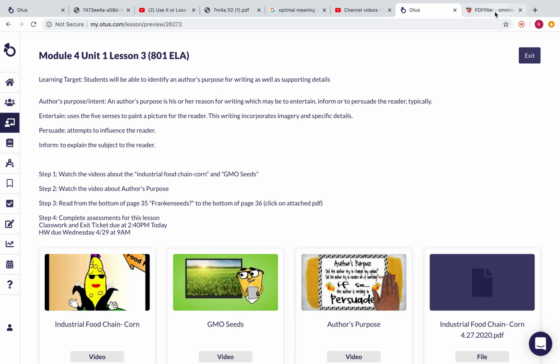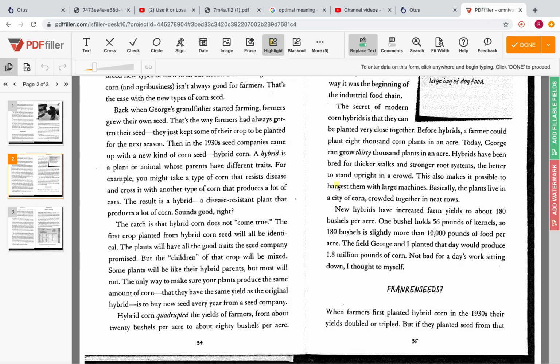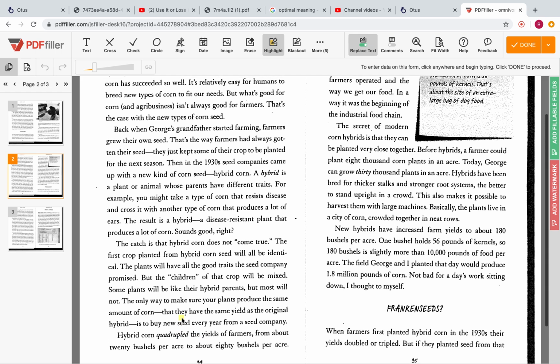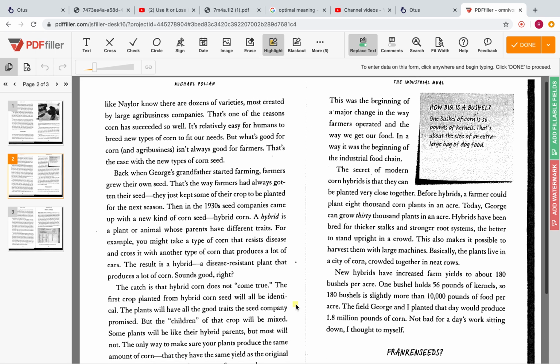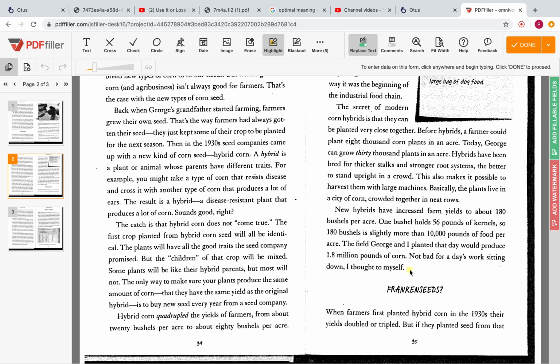So I'm going to model to you how to determine the author's purpose by reading this section over here, at the bottom, up until here. And we want to use evidence when we determine what the author's purpose is.